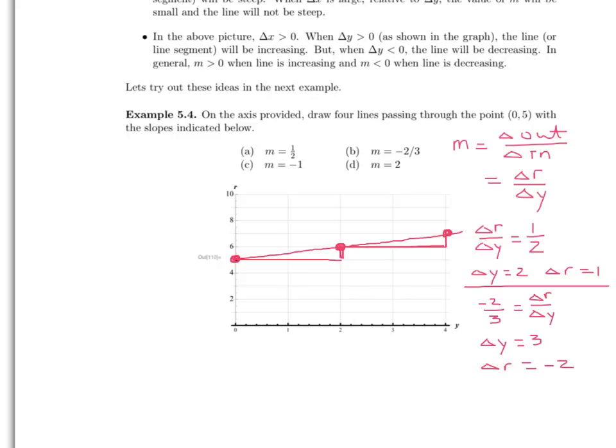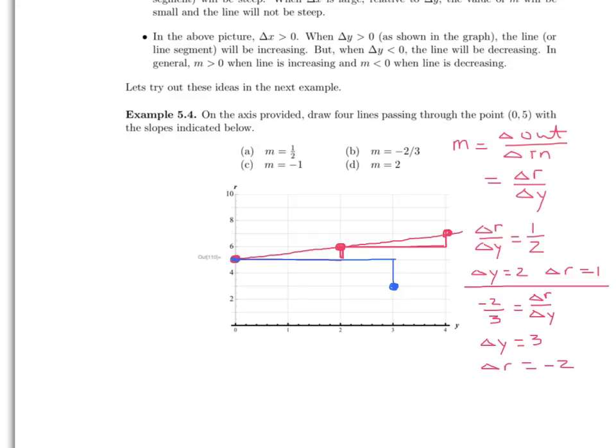So if I start again from the point 0,5 and I increase y by 3 units. So let's see, I'm going to do this in a different color. So I'm starting from here and I increase y by 3 units. I'm obligated to decrease r by 2, so I go down 2, and that puts me right there.